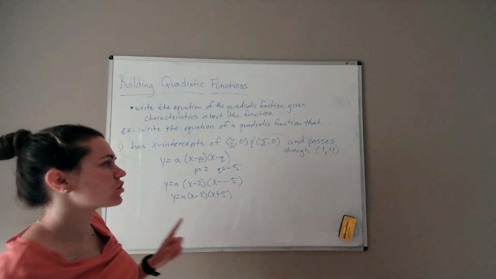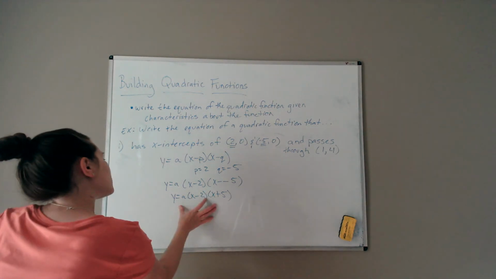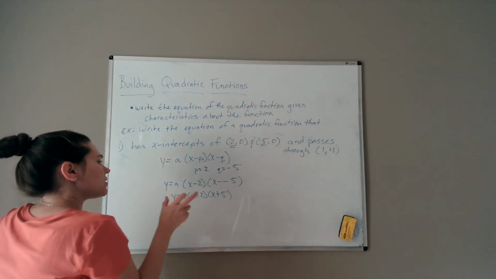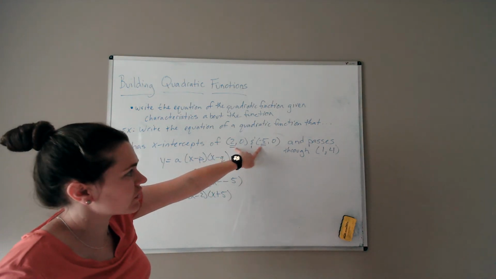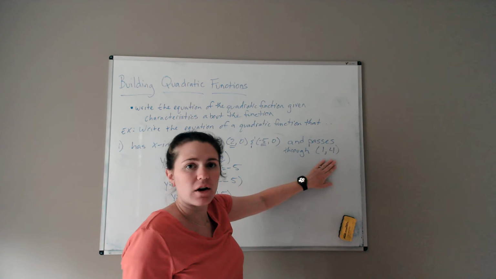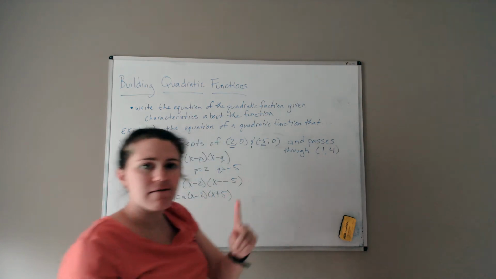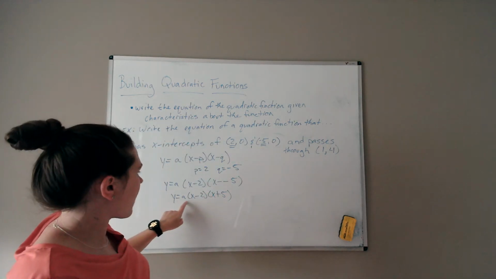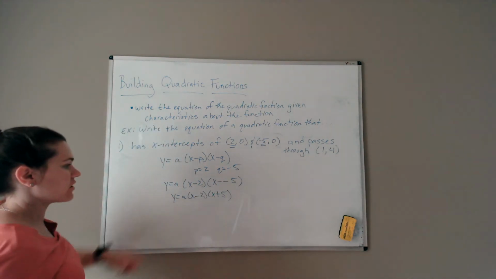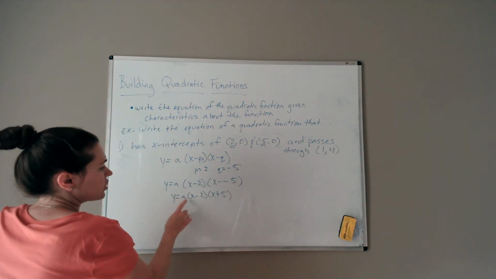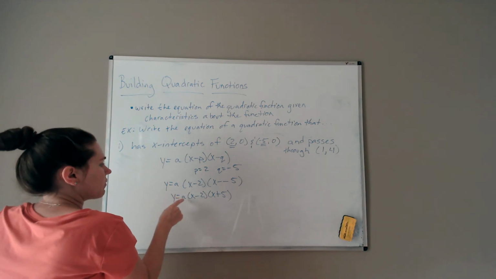So you need to write the specific quadratic function that not only has these two as x-intercepts, but passes through (1, 4). There's one unique a value that's going to put you through (1, 4), and we have to name it, because this is not intercept form. You have to give the exact value here.